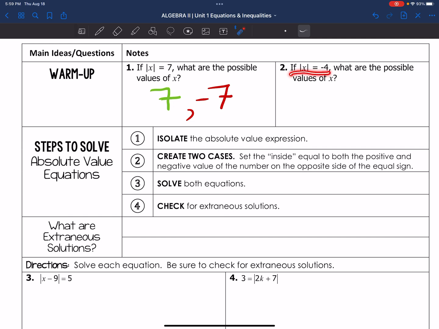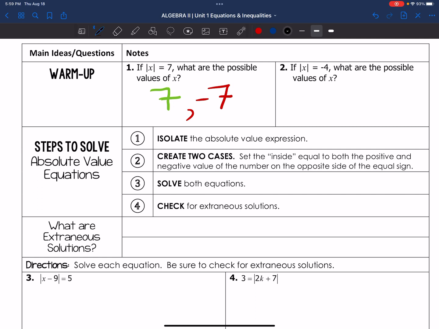If the absolute value of x is equal to -4, what are the possible values of x? What are the possible values of x so that when you take their absolute value, it is equal to -4? How can you have a number whose distance is -4 from 0?